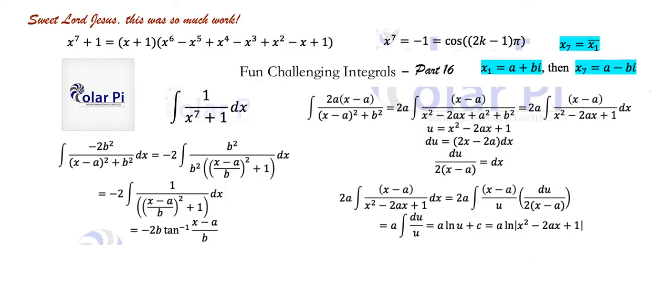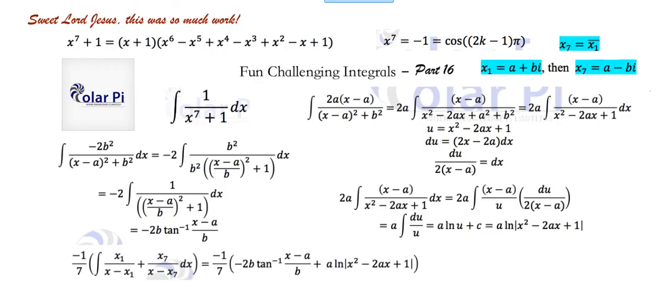So when we add these two and then multiply by -1/7, we will have finished with not only the first two fractions, this guy and this guy, but also their full integral, including the -1/7 and all that good stuff. So basically, when we paired them, we're done with two of the integrals involving x1 and x7. And so the full answer is going to be this.